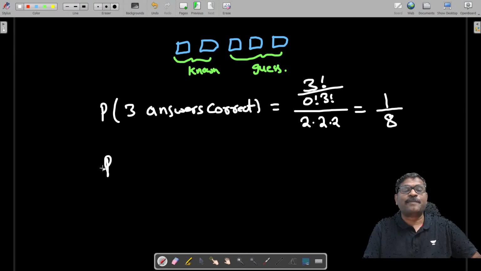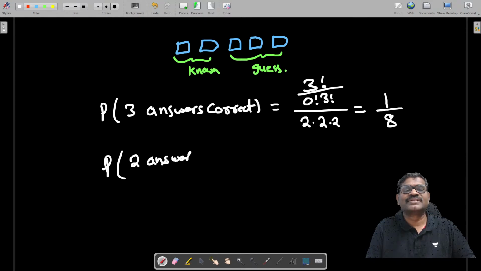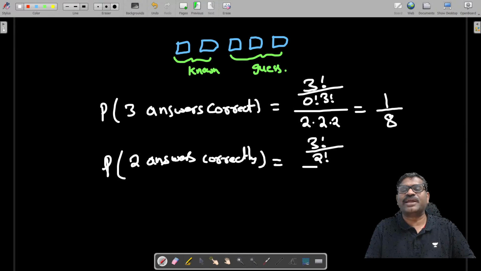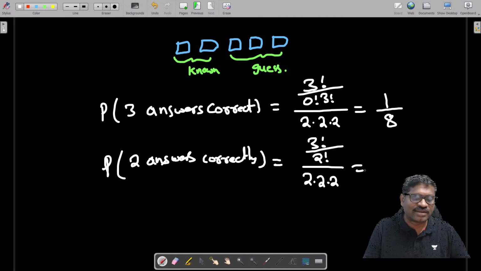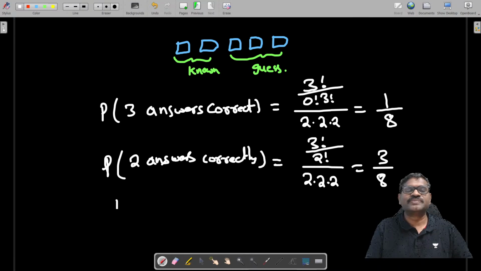What is the probability that 2 answers are correct? Two answers correct means 3 factorial by 2 factorial, over 2 into 2 into 2, because for 3 questions there are 2 options, either true or false. So 3 by 8.